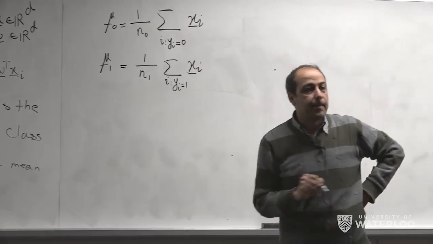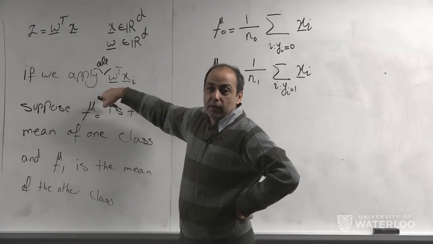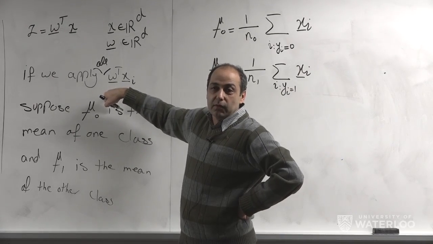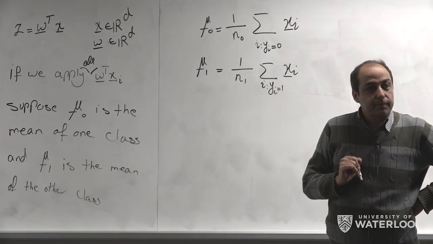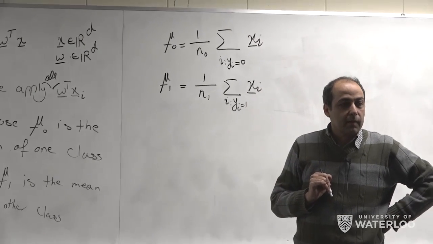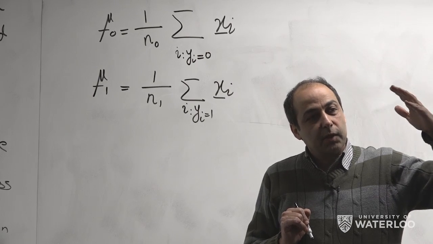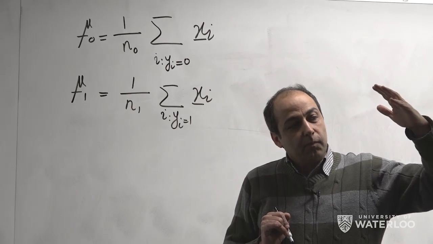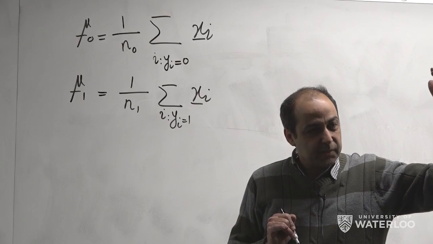Okay? So if I project all points to the direction of w, what would happen to mu0 and mu1? If all points are multiplied by W transpose, mu0 will be multiplied by W transpose in the projected space as well, right?